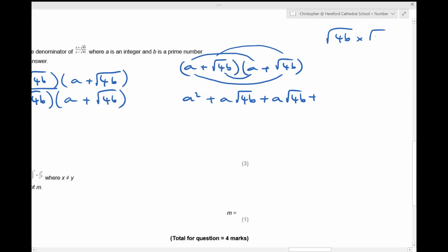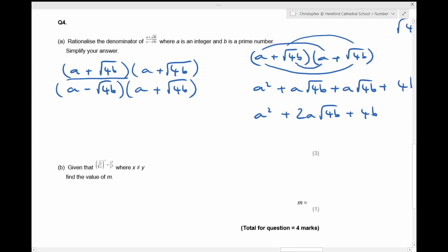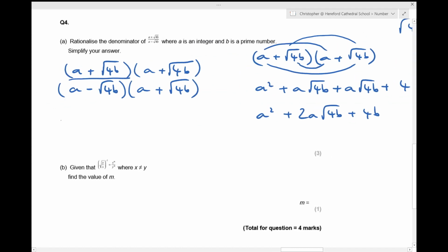Well, the square root of something multiplied by the square root of the same thing just gives me 4b. Okay, let's simplify that. A squared plus 2a root 4b plus 4b. All right, so that's what I get on the numerator of my fraction. A squared plus 2a root 4b plus 4b.